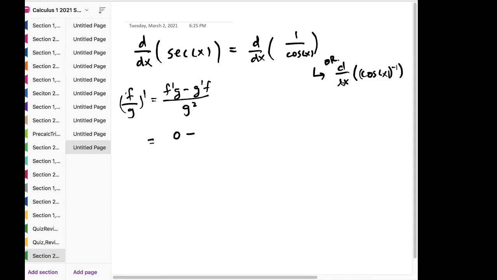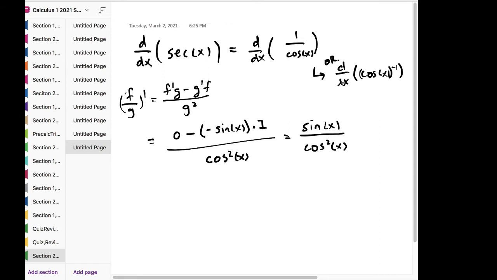Then minus g prime, which is the derivative of cosine, negative sine, times 1 over g squared. Okay, can I simplify this at all?